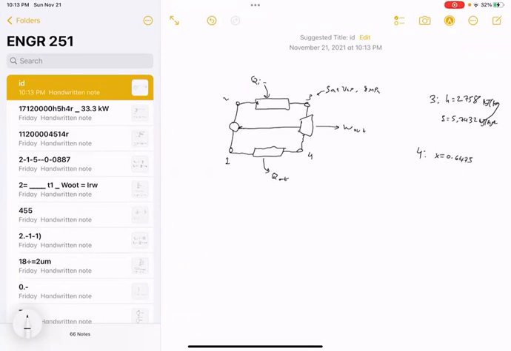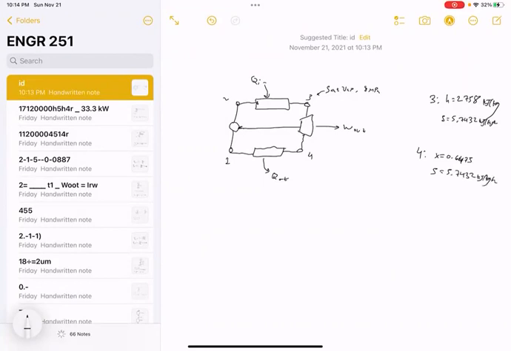0.6475, that's one thing we know. But we know that the entropy has to equal, S equals 5.7432 kilojoules per kilogram Kelvin.